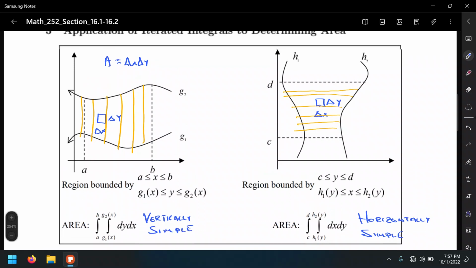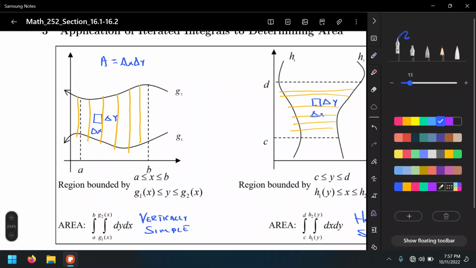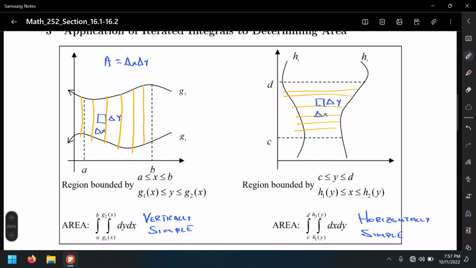So in the end, we're going to have the following integral. Regardless of the order, the area will be the double integral over some region R, that's the subscript of the two integral symbols, of dA. Depending on the case, dA could be either dy and then dx, or dx and then dy.